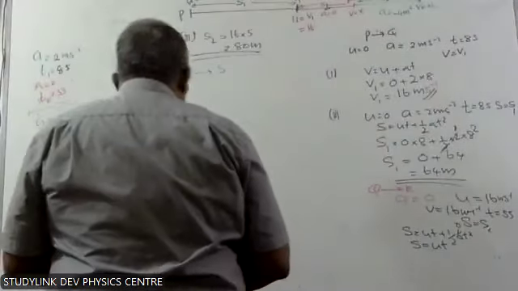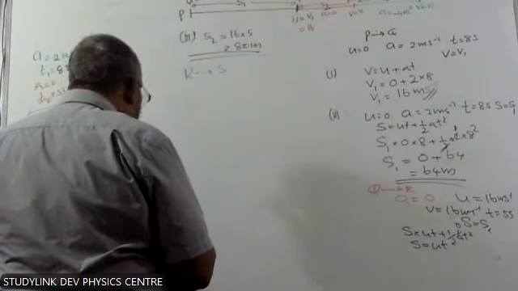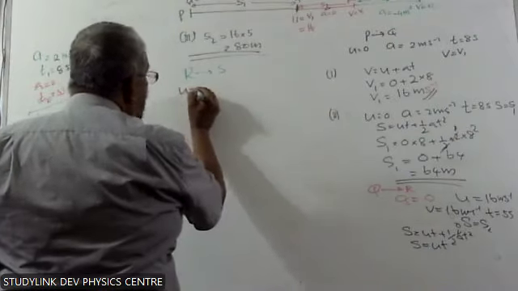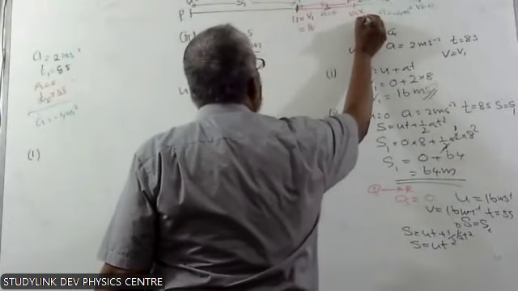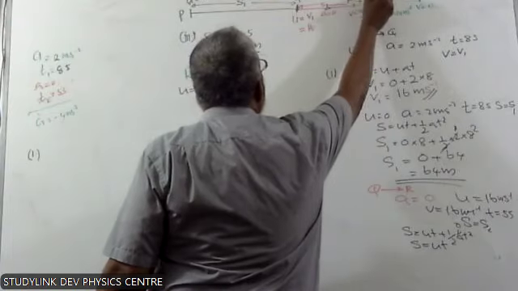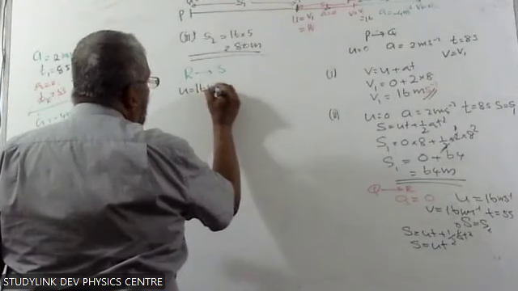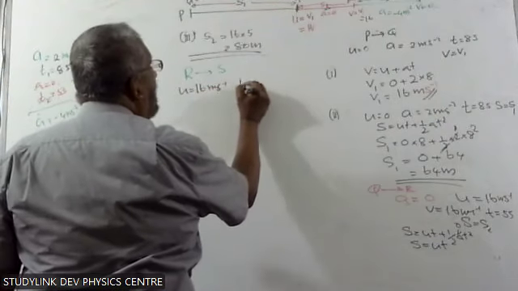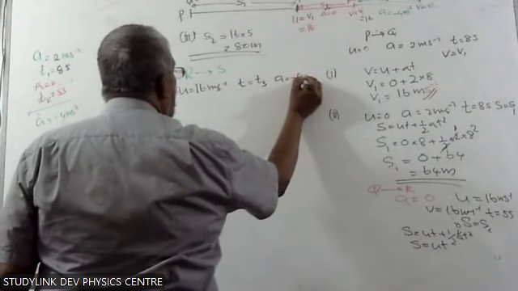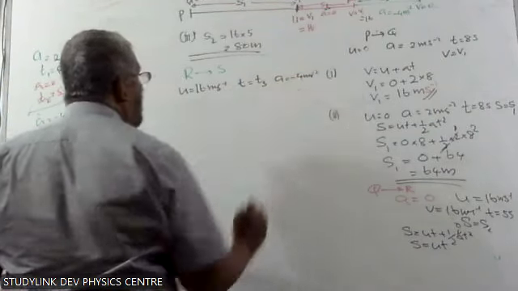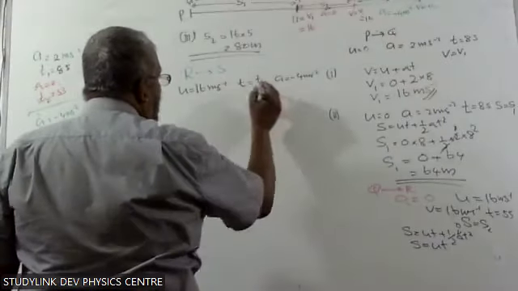Therefore, first we'll consider time. As far as time is concerned, u is equal to initial velocity here. So u is here 16, but v is 0. u is 16 m/s, t is T3, a is minus 4 m/s², that is retardation, and we want to find T3.